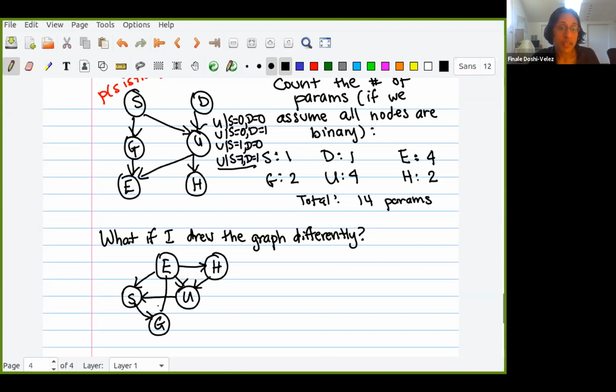And if I know the E and the S, then I can sample G without needing to know anything else about the graph. And finally, we get to D over here. And to be able to sample D, I'm going to need to know the U, and I'm going to need to know the S.